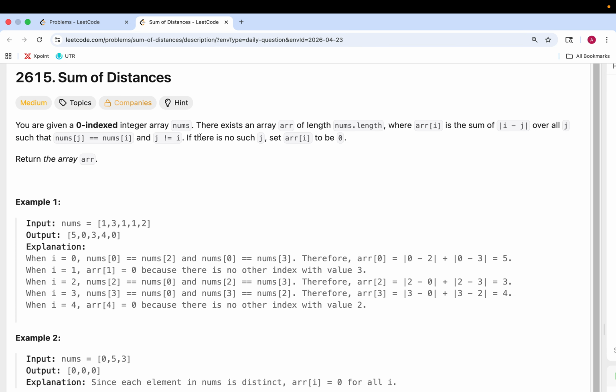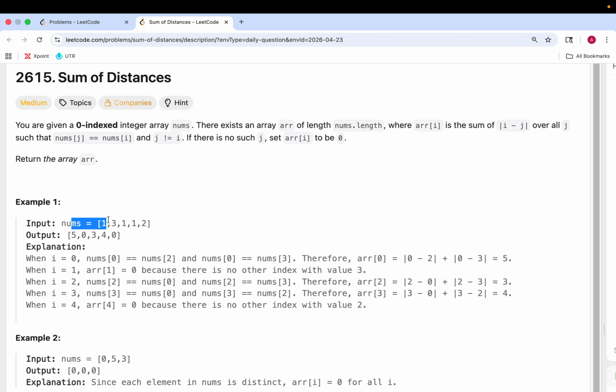So taking all the positions where you have the same number, getting those distances centered around the particular position i, adding them together and making arr[i] equal that sum of distances. If no such j exists, then arr[i] is equal to 0, and return that array.